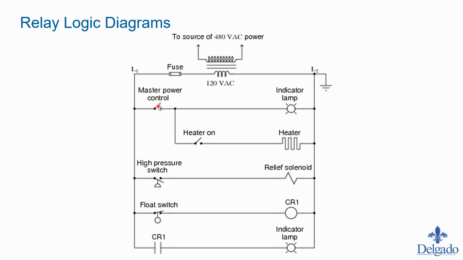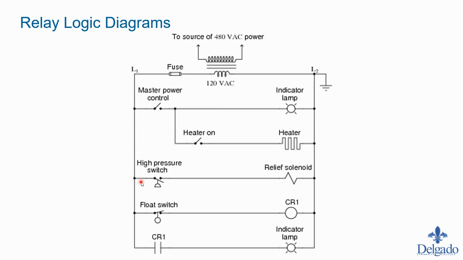Also, when we turn the master control power on, we'll come through a heater. We have kind of a parallel branch here that has a heater on switch. So if the master control power switch is on and if the heater switch is on, then the heater will turn on. But the indicator light will always be on as long as this switch is closed, right? So if this switch is closed, it goes straight across, light on. But when this switch is closed and if the heater switch is on, then the heater will turn on.